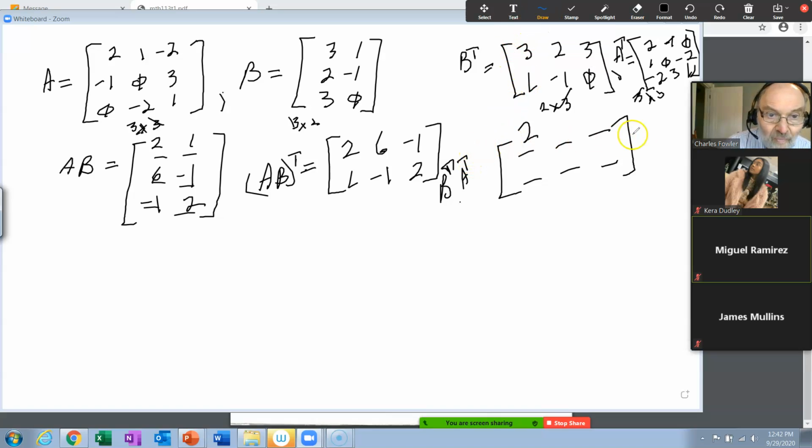All right, the 1, 2 entry here is going to be first row here, second column there. That's a -1. So it's a -3 plus 0 plus 9. That's going to be a 6. Okay. The 1, 3 entry here is first row, third column.